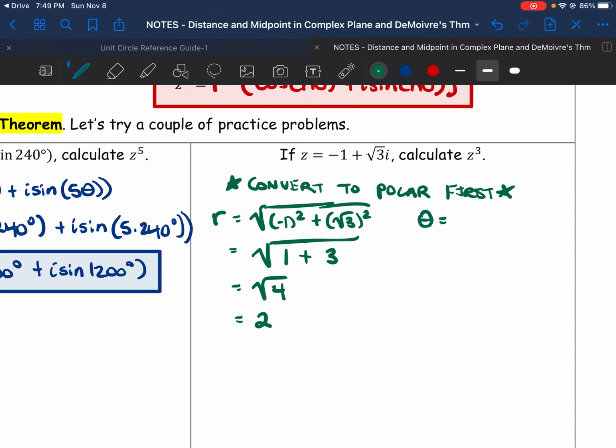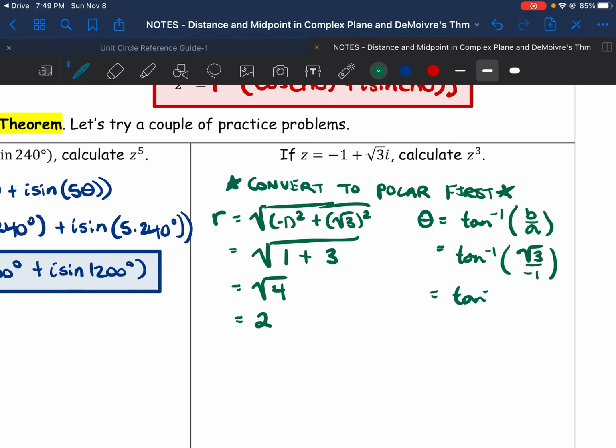Now let's find the angle theta, the argument. So the angle theta is going to be the inverse tangent of the imaginary part divided by the real part. The imaginary part is square root of 3, divided by the real part, which is -1.